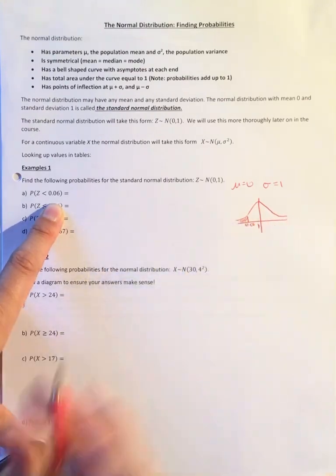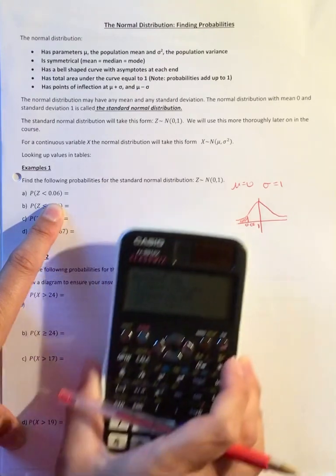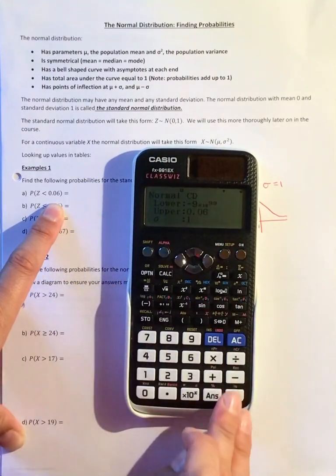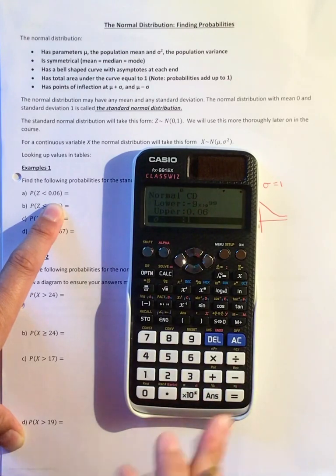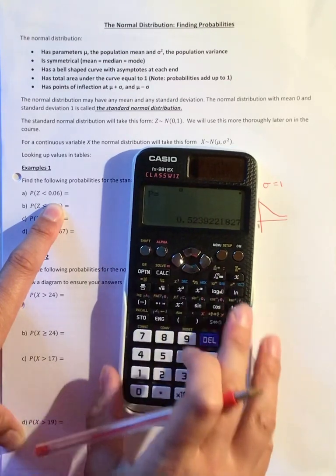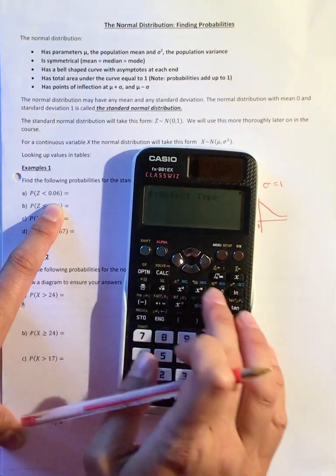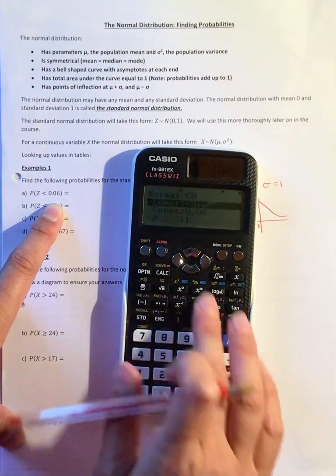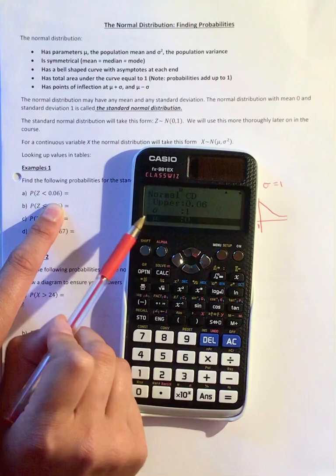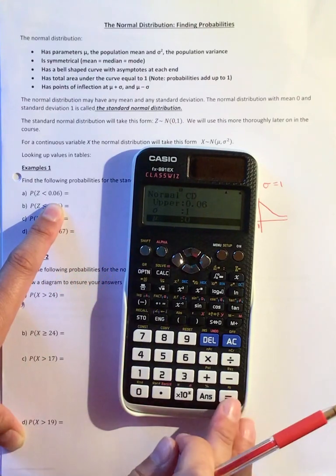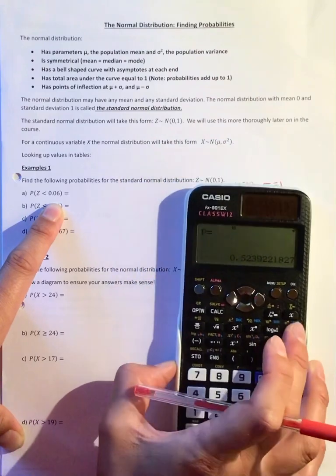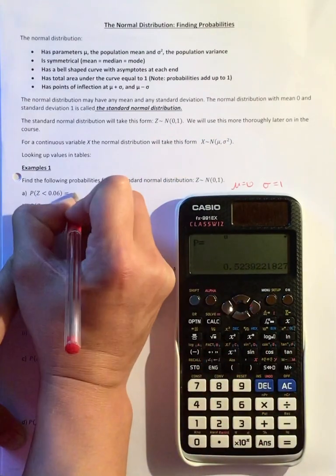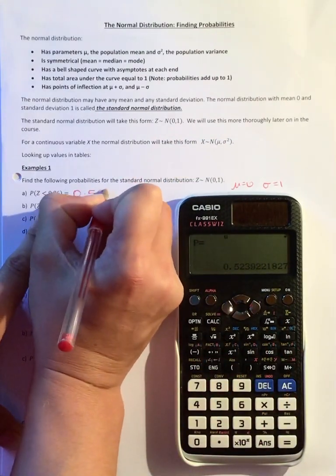And the area represents the probability. So my upper value is 0.06. My standard deviation is 1. And if I go back in, I need to check that my mu is 0, and hitting enter gives me that probability. And we're going to jot that down. Let's go for 4 decimal places.